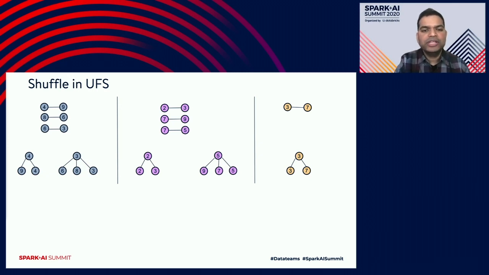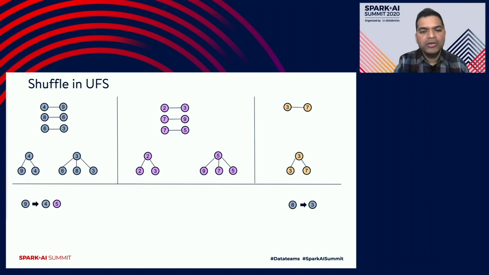So that is where we introduce the third step, shuffle, which was not present in the traditional union find algorithm. What happens in shuffle is we do a series of iterations to bring nodes that are part of different partitions together, and we make a decision based on a termination condition. Here I'm highlighting two examples, node number 9 and node number 8. Node number 9, we know, is a part of two different connected components with parent node 4 and parent node 5.